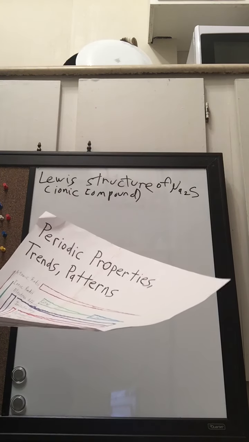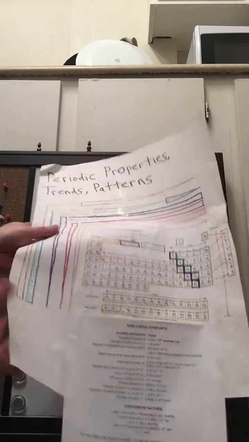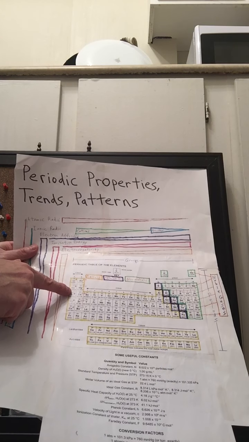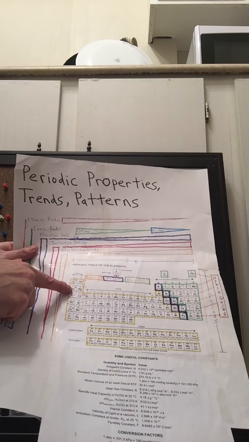Now, if we look at the sodium on the periodic table, the sodium is in group 1, so that means it has one valence electron.